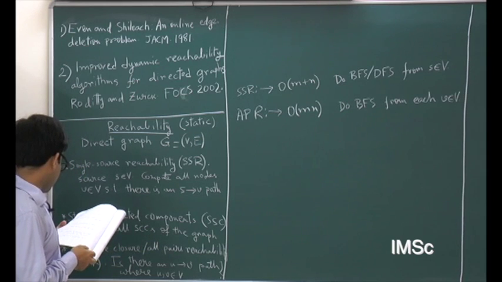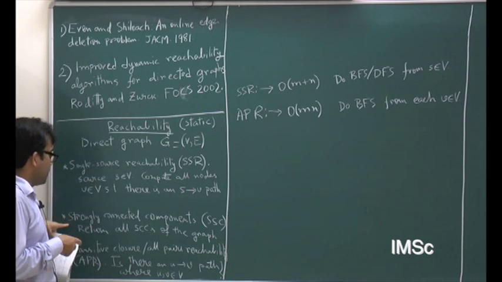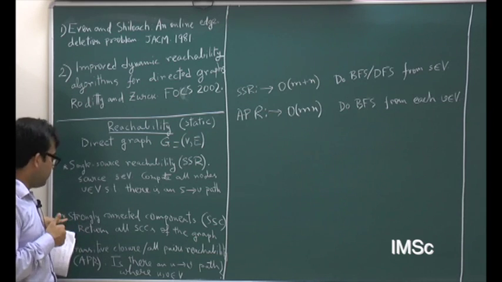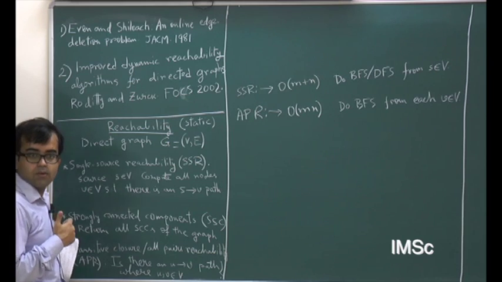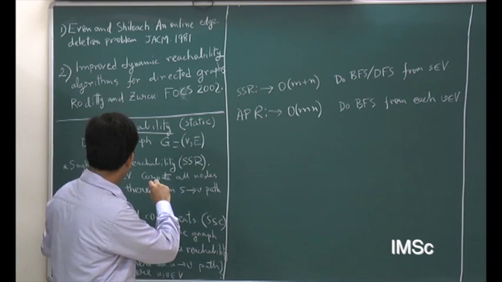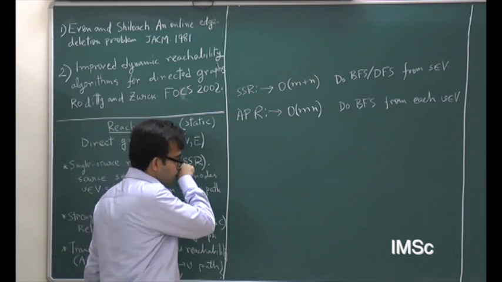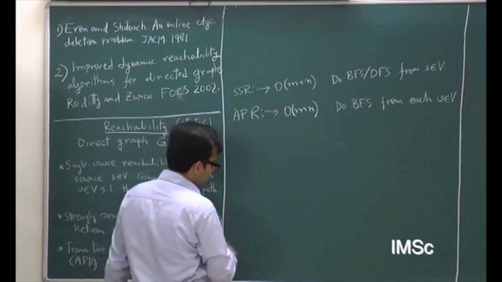Next, strongly connected components. How many of you know the definition of a strongly connected component? Okay. Still, I will just mention it in one minute so that we are on the same page.